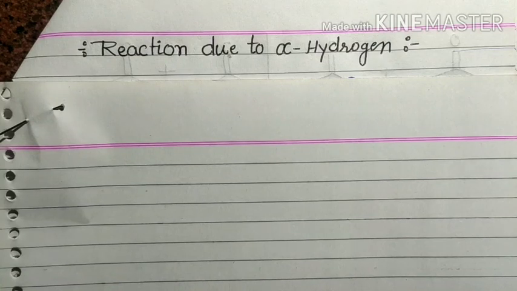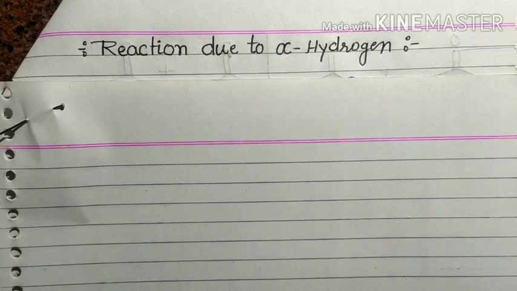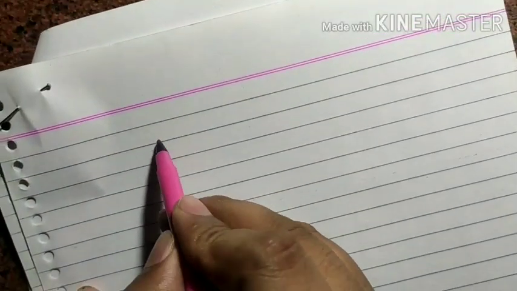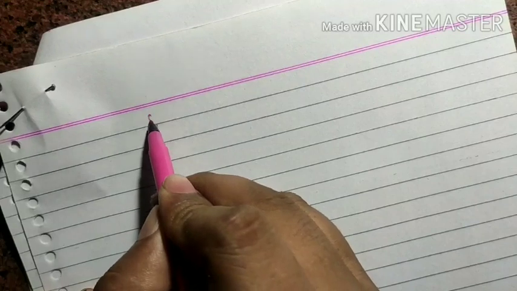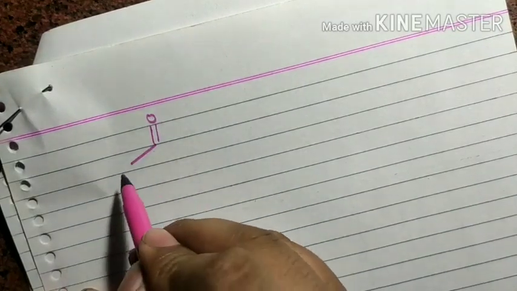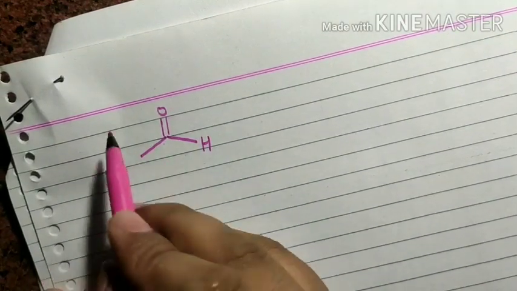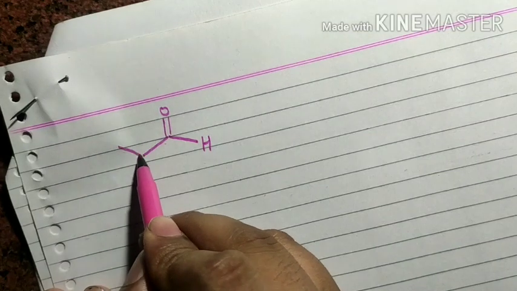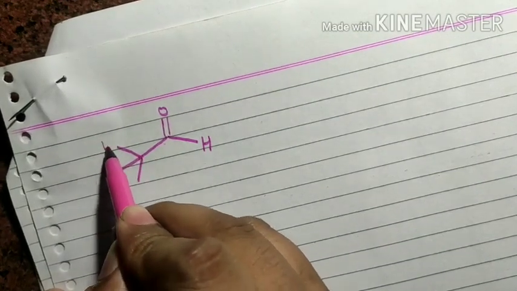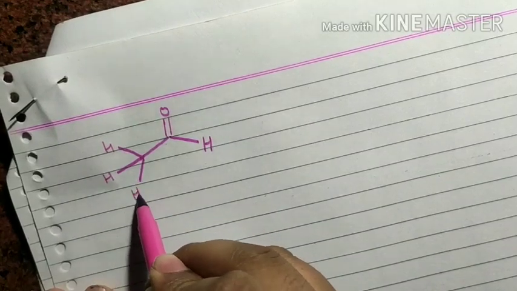Here we first discuss the alpha hydrogen, the mode of reaction and the condition of reaction. So first, listen carefully. In an aldehyde, if you write a carbonyl group with a CH3 on this side and a hydrogen, this carbon has 3 hydrogen atoms.